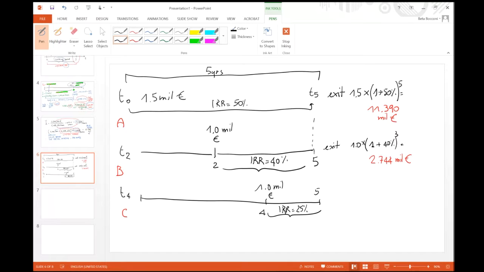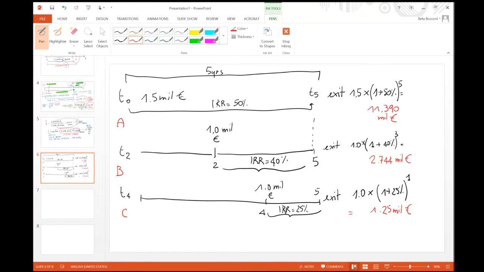So again, I'm not saying that investor C will exit in year number 5. I'm simply saying which is the value compatible with 1 million euro and an internal rate of return of 25% in 1 year's time. So essentially the implicit exit here should be 1 million times (1 plus 25%) to the power of 1 year, from year 4 to 5. Or, if you prefer, an amount that corresponds to 1.25 million.